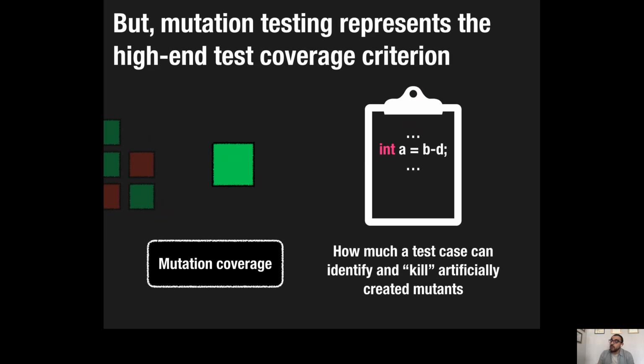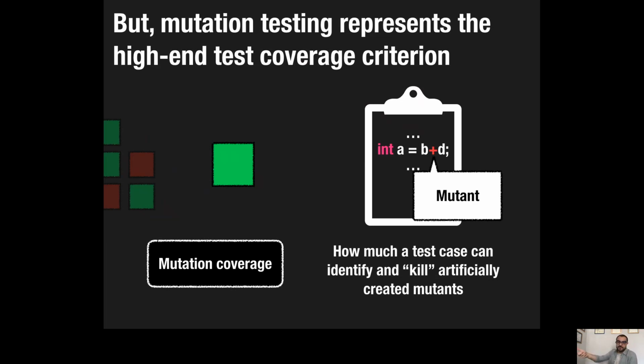With mutation testing, what you do is to vary the source code in order to produce what we call a mutant, namely an artificial version of the original source code that is supposed, at least, to change the behavior of the production code. And there exist a number of artificial operators that change the source code.